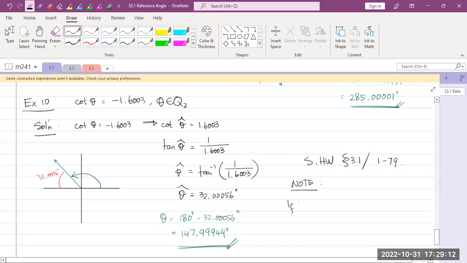If theta hat is a special angle, then your answer should be in exact form.